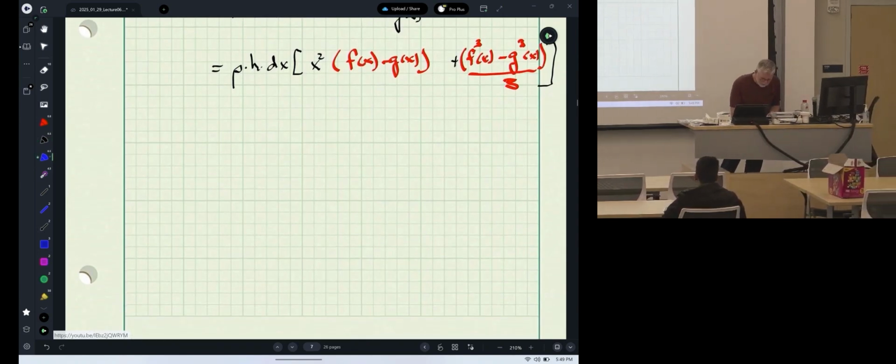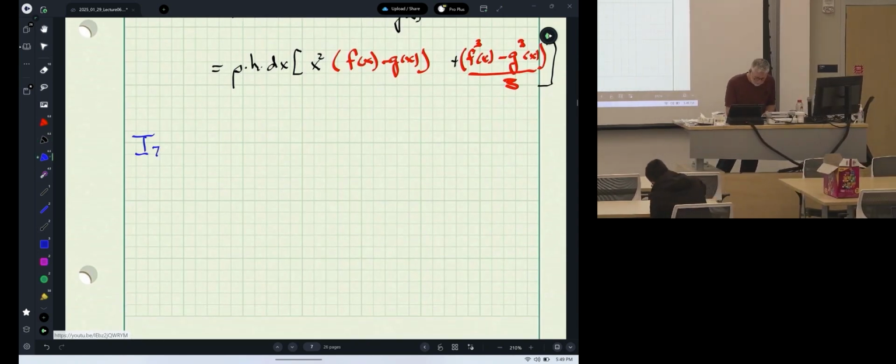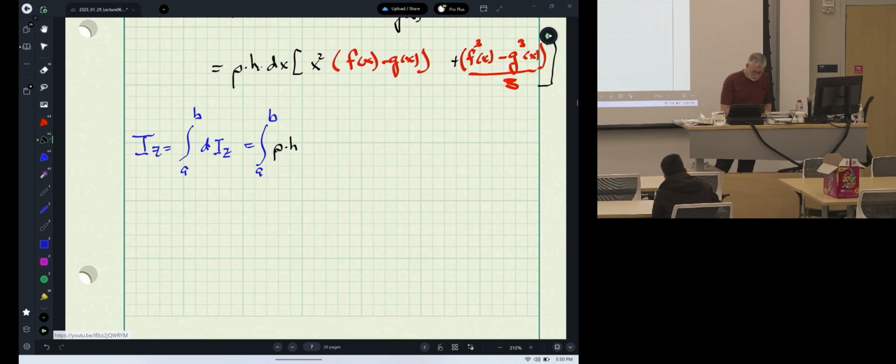So now Iz equals the integral from a to b of dIz. And that's the integral from a to b of rho h. Those are constants, but now the x is varying, so this is x squared.